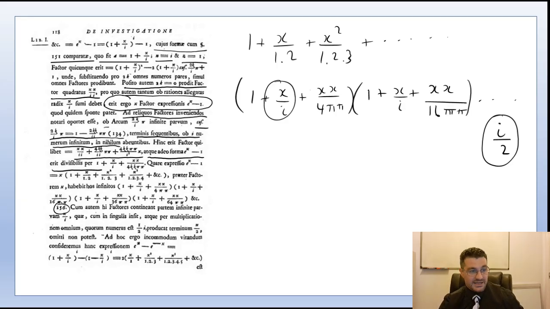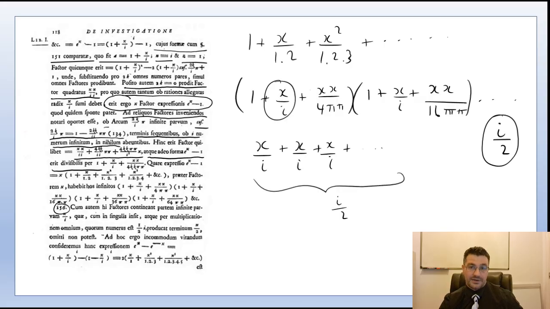we'll find that from each factor we will get a contribution of x over I. So we'll have x over I plus x over I plus x over I. How many of these will we have? I over 2, or half I. So the contribution of all these x over I's to the overall is going to be x over I times I over 2.